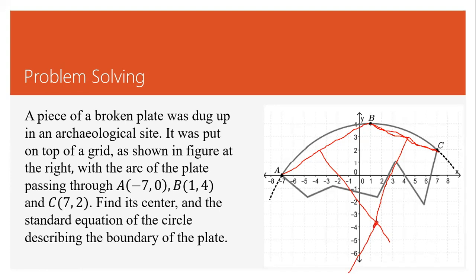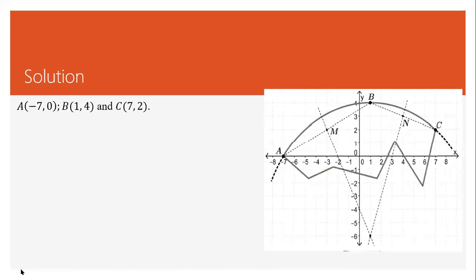So to determine the center of this circle, we must identify the equation of the bisector lines: the bisector line of AB and the bisector line of BC. So let's start with identifying the bisector line of AB.